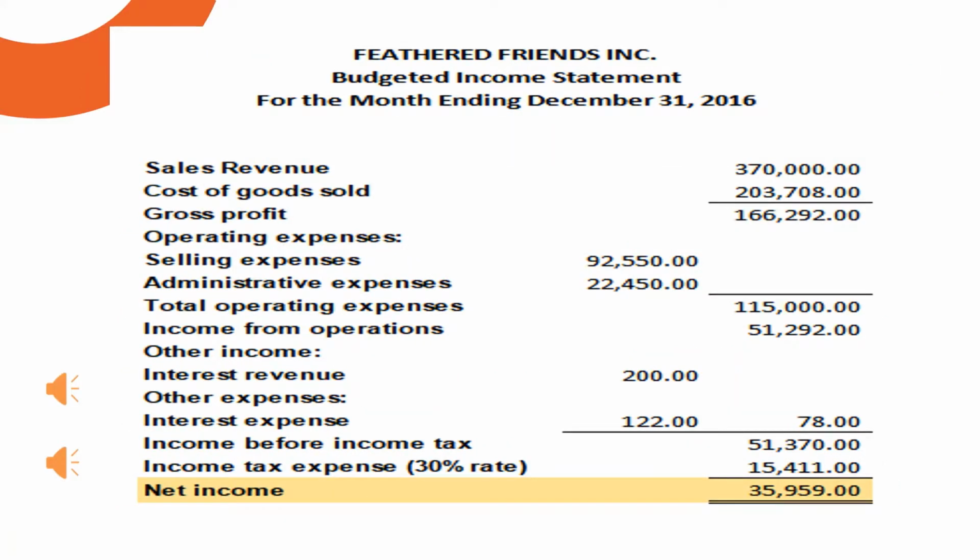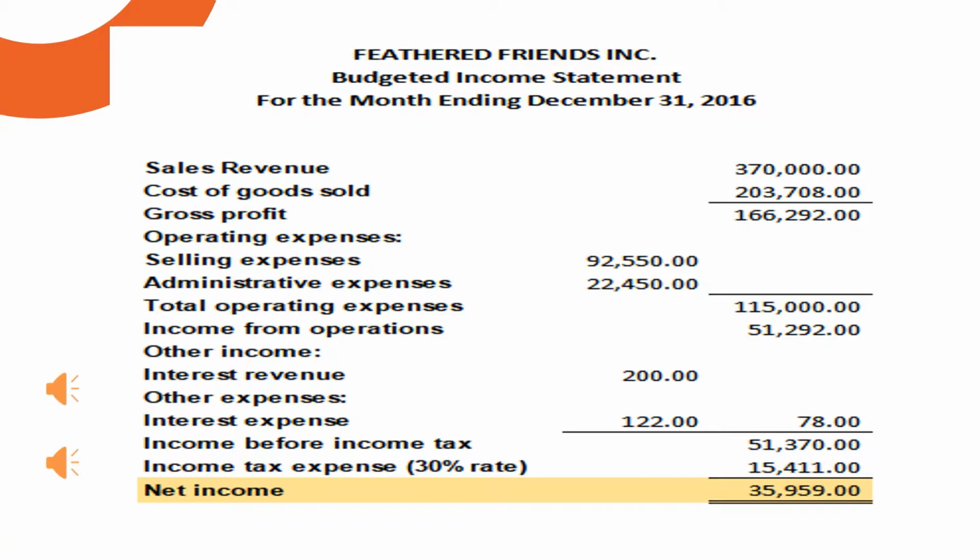And lastly, for our budgeted income statement for Feathered Friends Incorporated, this is where we have to integrate the other budgets that we were able to solve a while ago. So we have the sales revenue of 370,000. Then we deduct from that our cost of goods sold amount of 203,708.